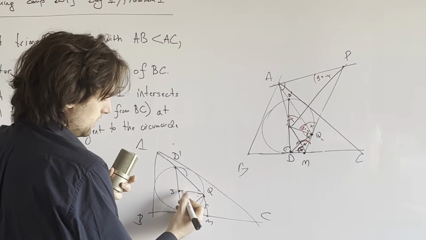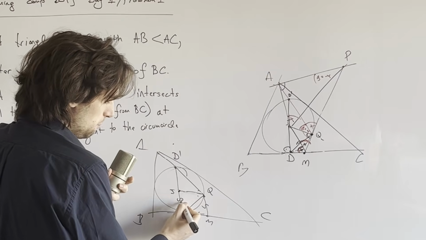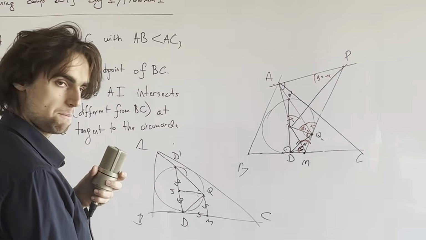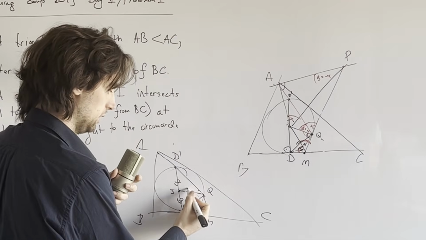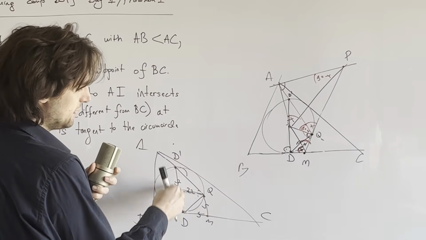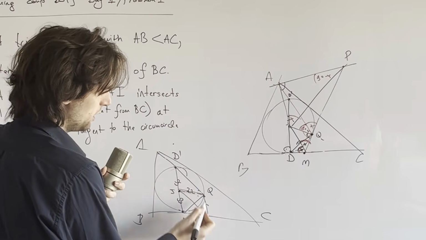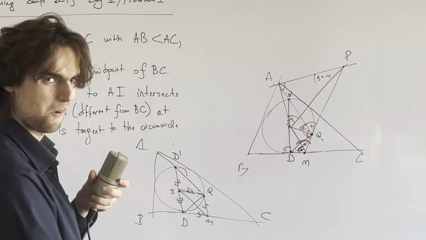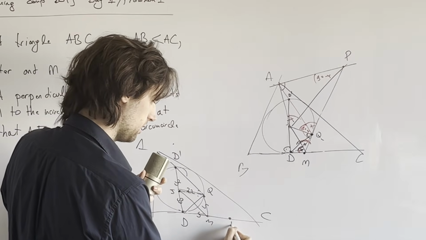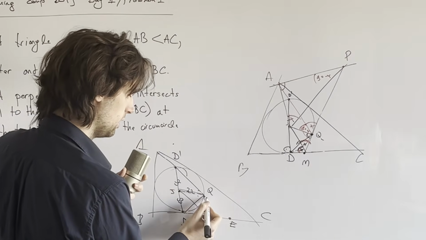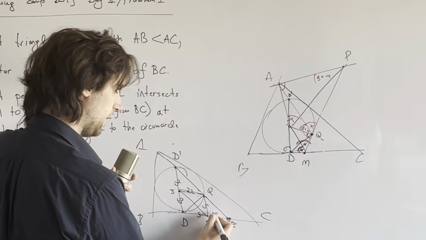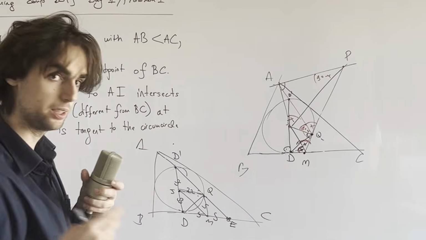Well, D is such that I is the midpoint here. I is the midpoint of D prime D, and it's also the same distance from I to Q. But I is the midpoint, and I need to prove that IM is parallel to this. Well, that means if I reflected D over M to point E, that would mean that D prime, Q, E would have to be collinear.